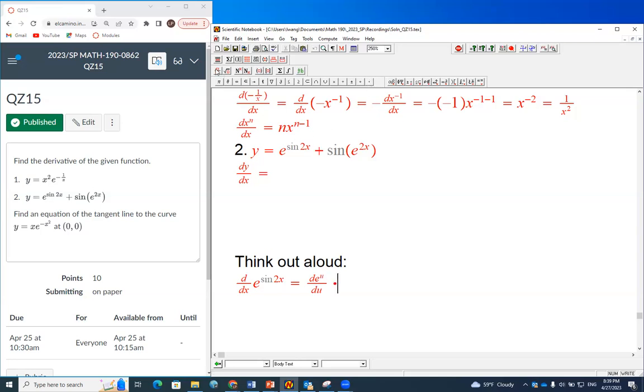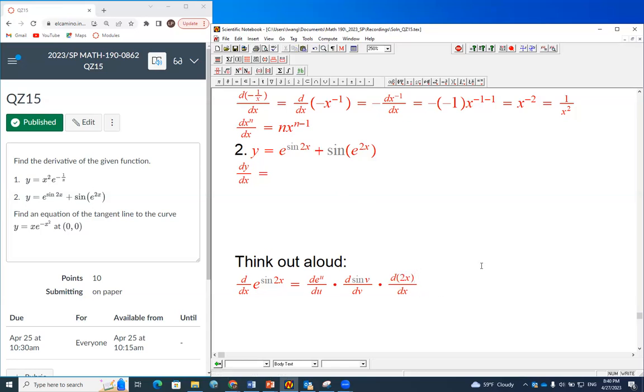So then you take the derivative and there's a du/dx. But u is sine 2x, and sine 2x is a composite function again. So you're going to simplify that part by making 2x to be v. And then you have dv/dx. So v is 2x.